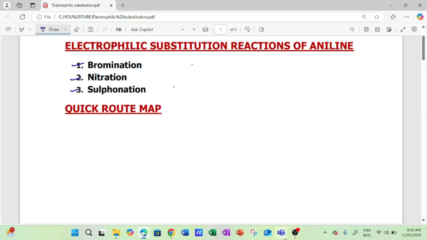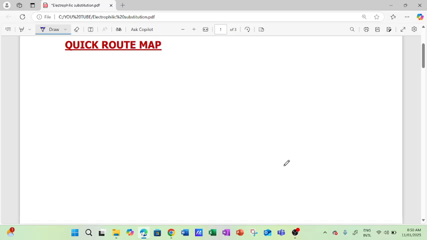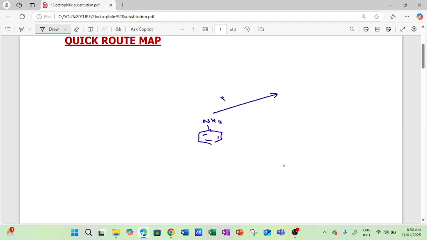All these three reactions I can discuss with you using a quick mind map. For that, I'm just drawing aniline at the center. You take aniline and add bromine, bromine in presence of aqueous medium, or bromine in water.